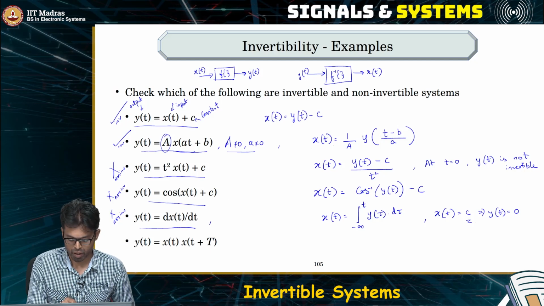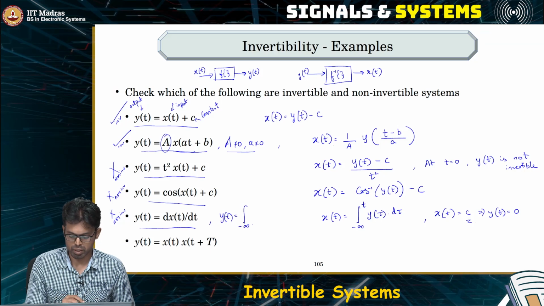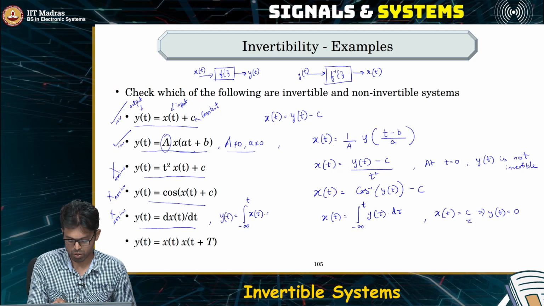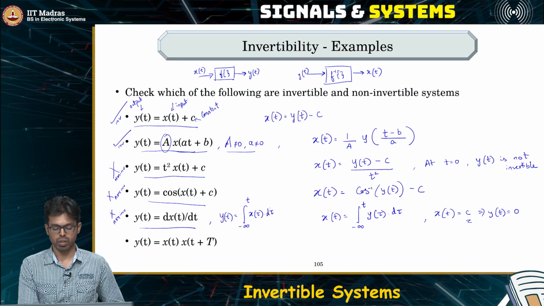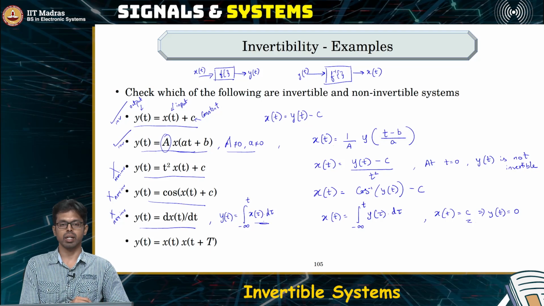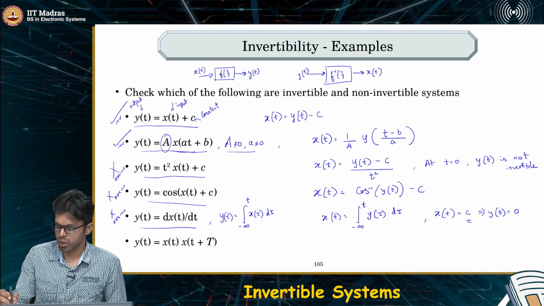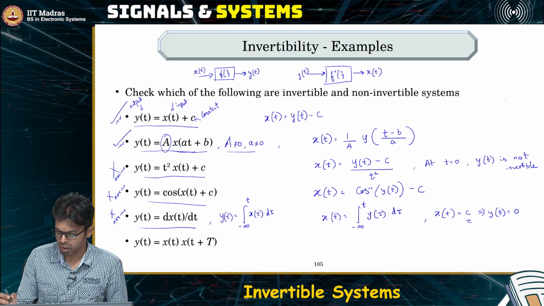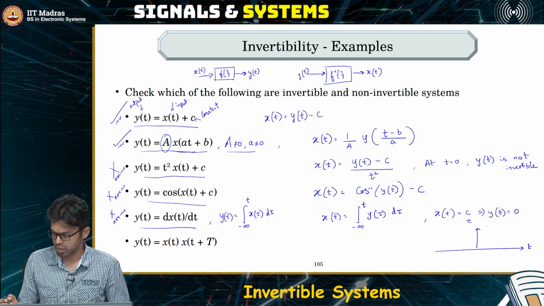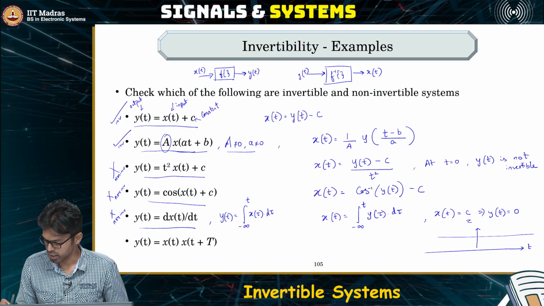In other words, if I say that y of t is equal to the integral from minus infinity to t of x of tau d tau, the same reasoning goes on. If you give a constant signal as the input to the integrator, then the output becomes infinity. Let's say you have a signal which looks like this, which is a constant signal, just a straight line, right?